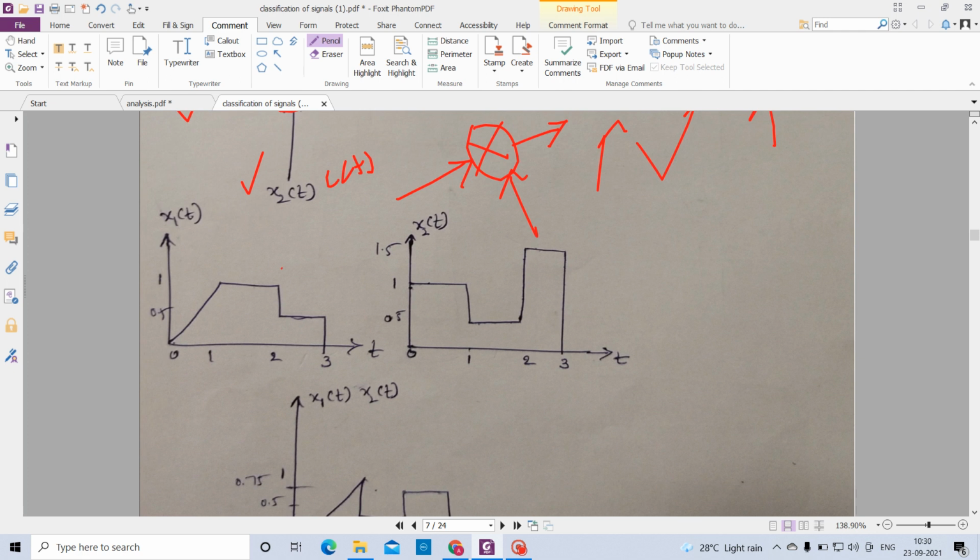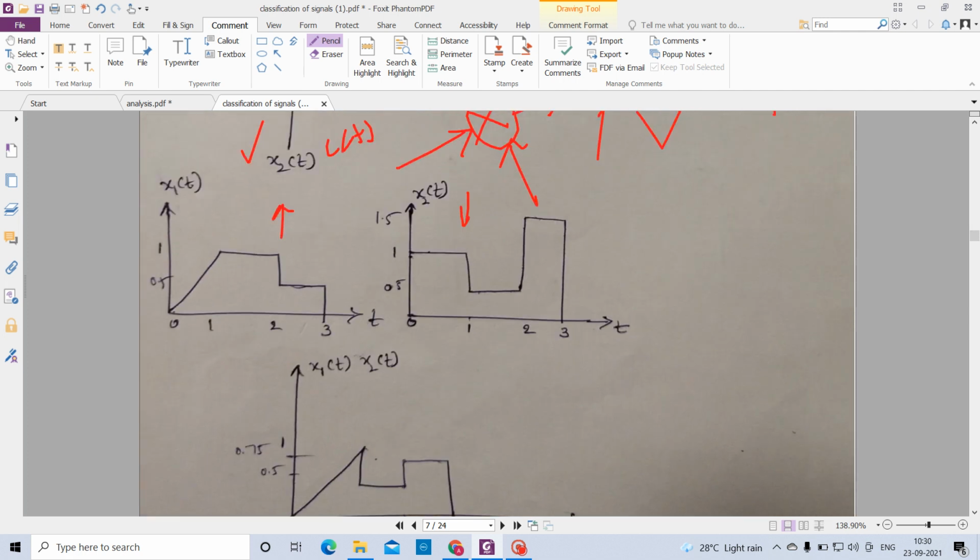This is the original input signals x1 of t and x2 of t. Here we are performing the multiplication operation between the two input signals. Between the time period 0 and 1, it is a ramp signal.